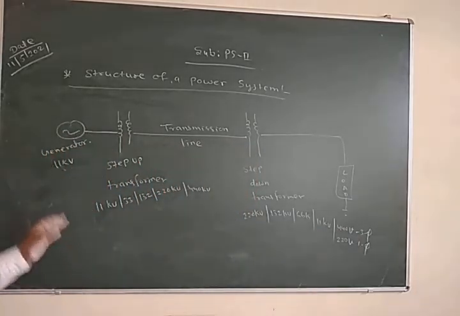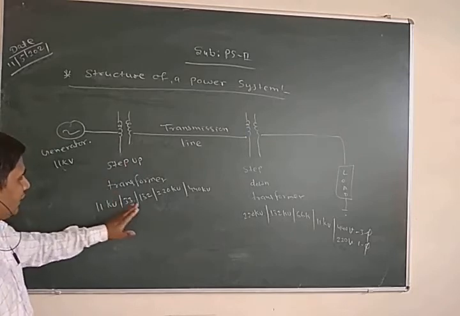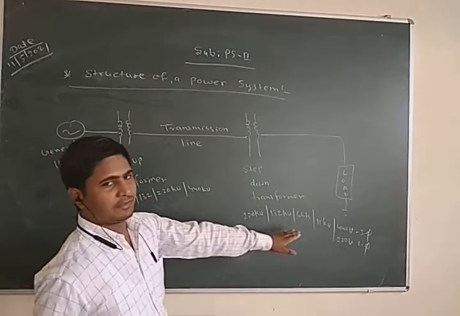So due to this we use a step down transformer. Now, why do we step up the voltage supply at the sending end and reduce the voltage supply at the receiving end?